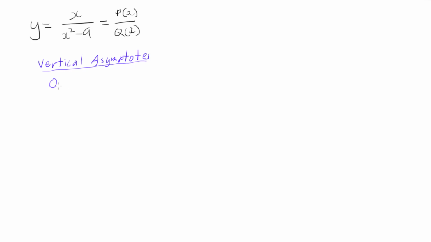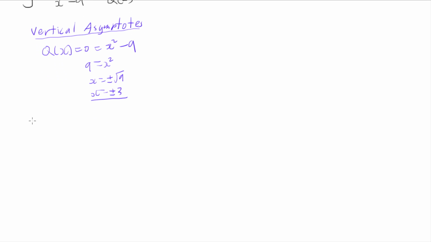So if q of x, which is x squared minus 9, is equal to 0, then 9 equals x squared, so x is going to be plus or minus the square root of 9, which is plus or minus 3. So I've got two vertical asymptotes, one where x equals 3 and one where x equals negative 3.